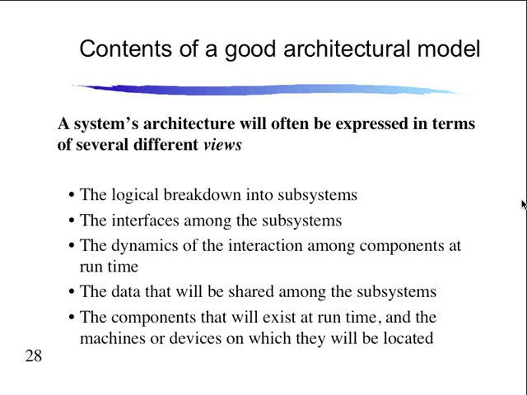So if you put on different glasses and looked at it, one of them would show you the interfaces, another might show you the networking protocols, another might show you the class hierarchy or the class structure, and maybe the interactions between the components, the reusability of the components, which ones are being reused, the data that's being shared between the systems, the components that might exist at runtime, might be on different machines, might be located all over the place, how they work together as interworking components in a networked environment.